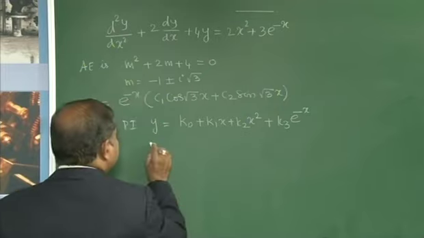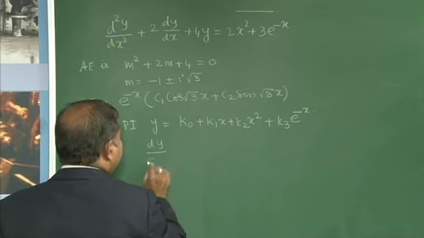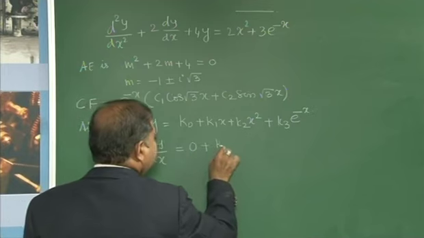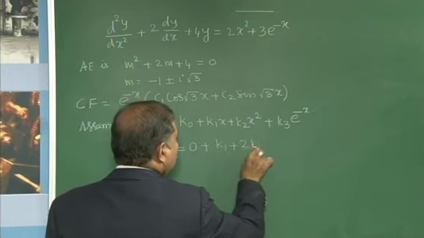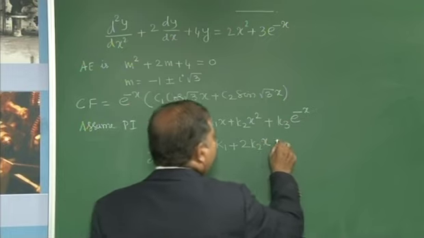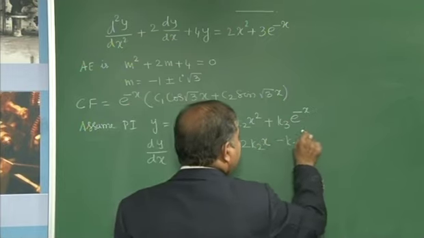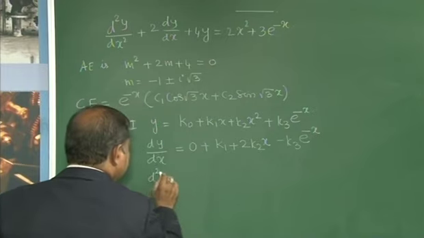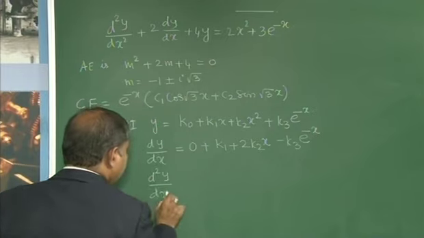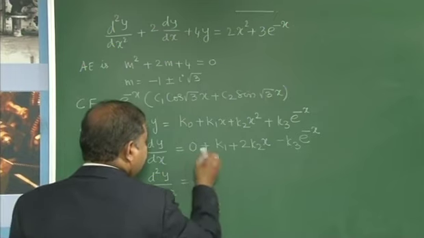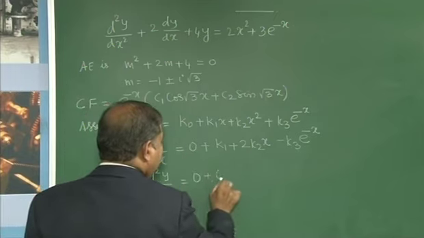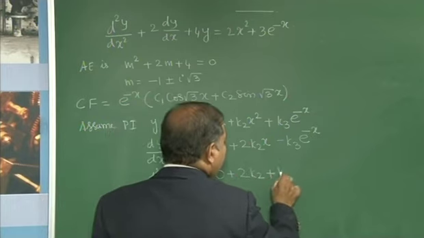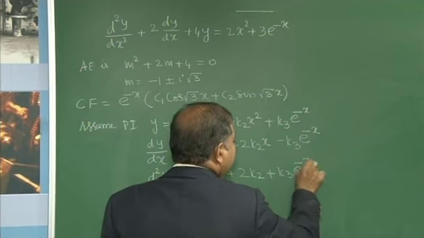Now differentiate it. dy by dx is k1 plus 2k2x minus k3 e power minus x. Once again differentiate it: d square y by dx square is 2k2 plus k3 e power minus x.